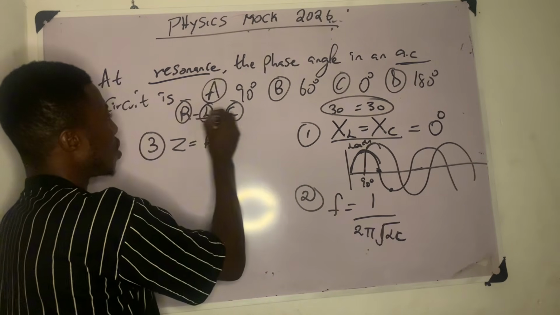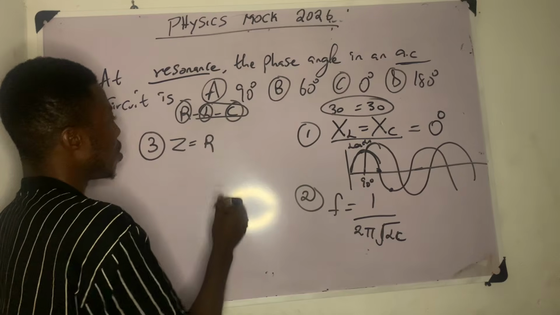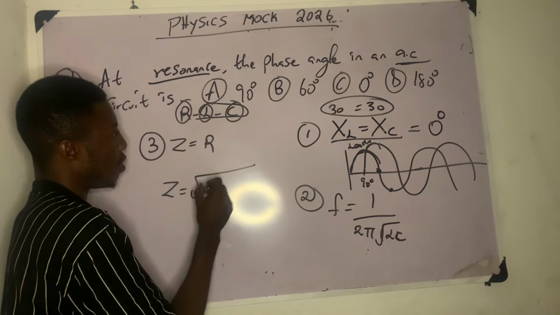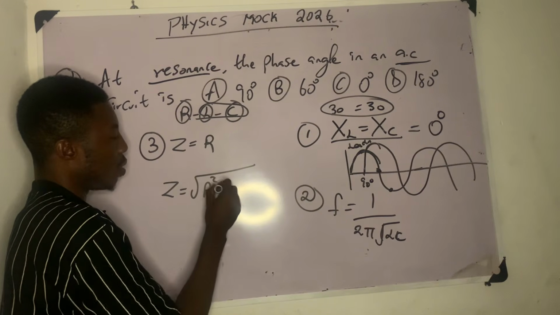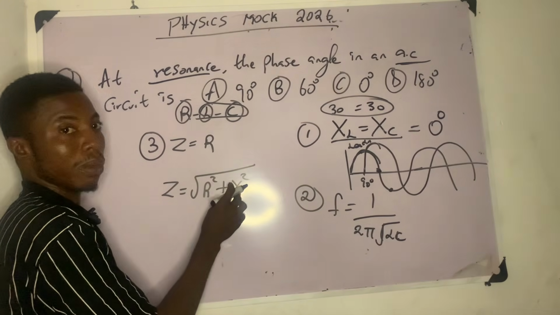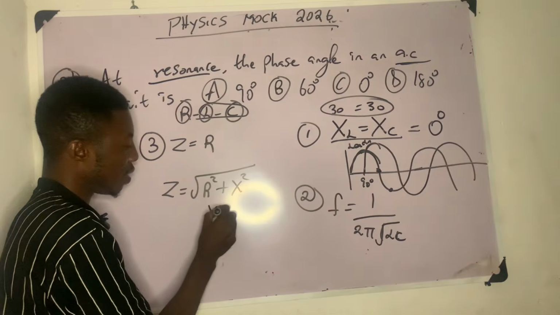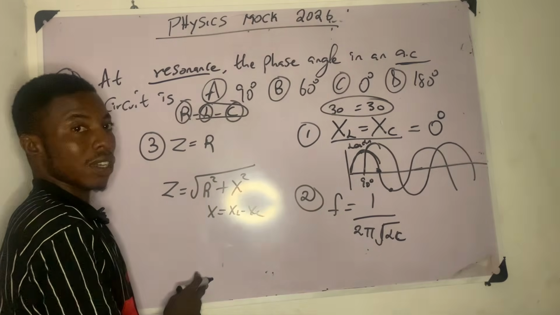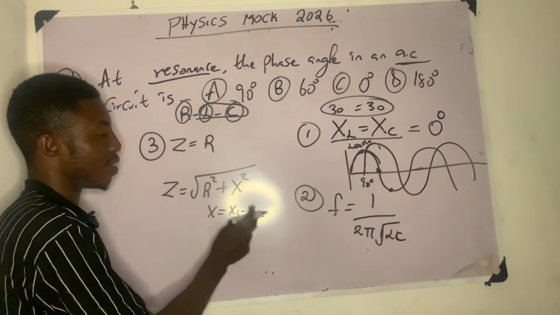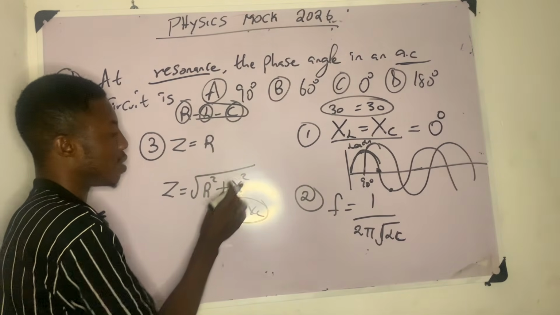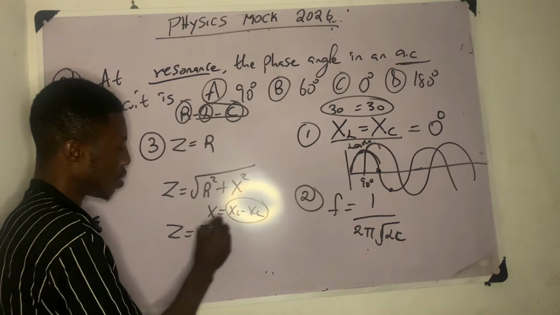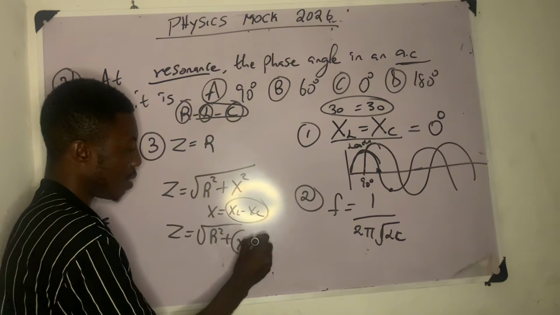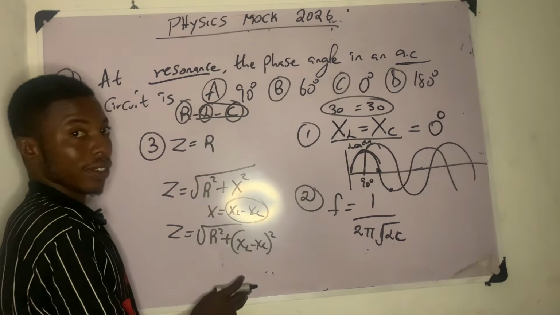So if these two are equal and give out 0, what do you think your impedance will be? Remember, your impedance was Z is equal to square root of R squared plus X squared, where your X is equal to XL minus XC. So if I replace this and put it inside there, it's going to be Z is equal to square root of R squared plus (XL minus XC) all squared.